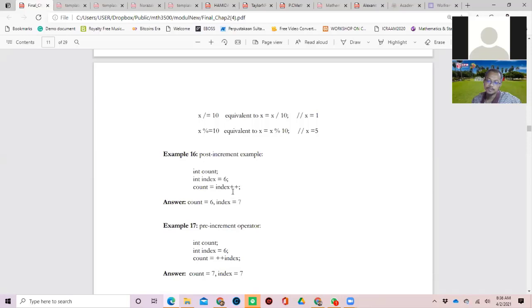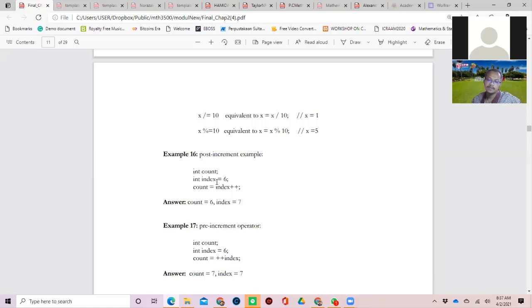Whether pre or post, in this case the index value will be increased by 1. Here we look, index is equal to 7. If we put it in front instead of at the back, plus plus index for example, the index value is still 7.